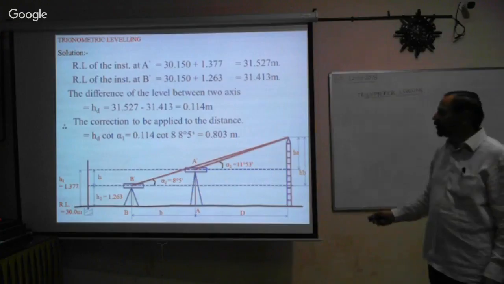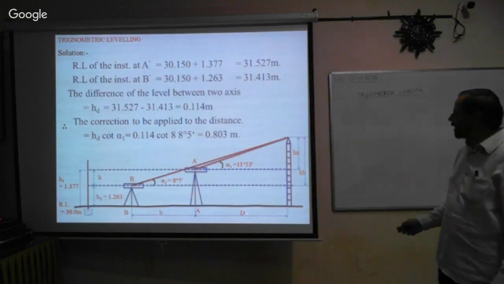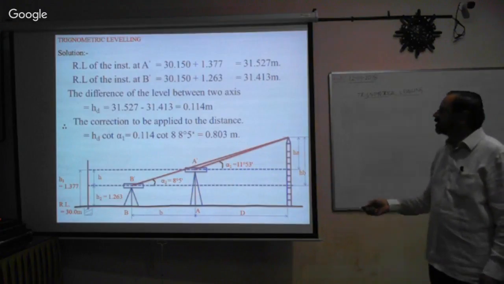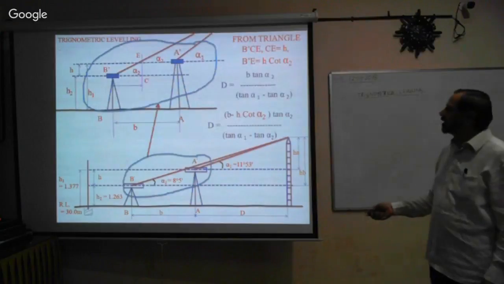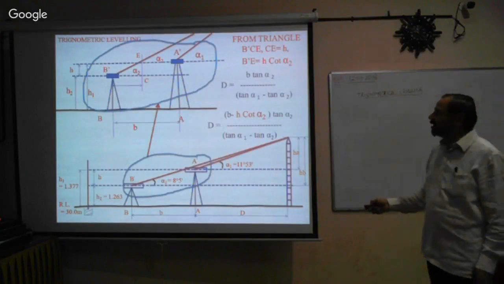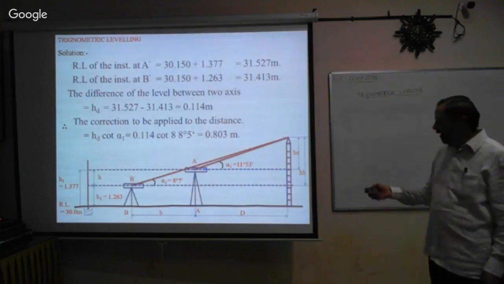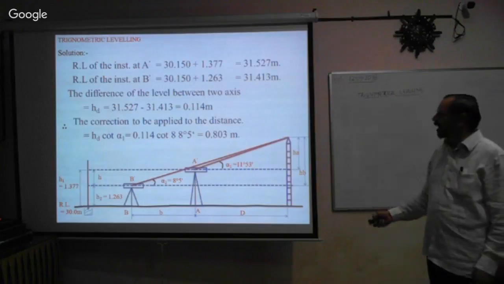B is known, and D can be calculated, as we have already discussed elaborately. Here B is reduced, from the modified triangle.